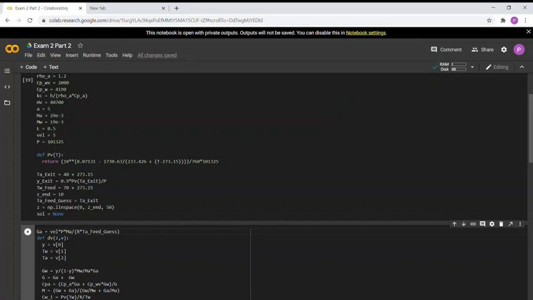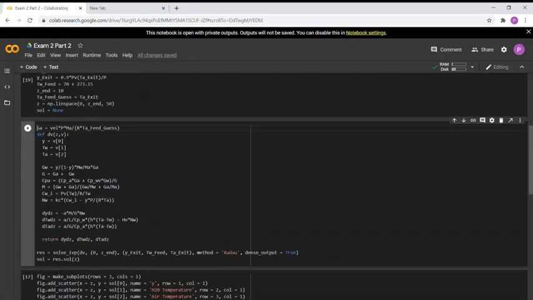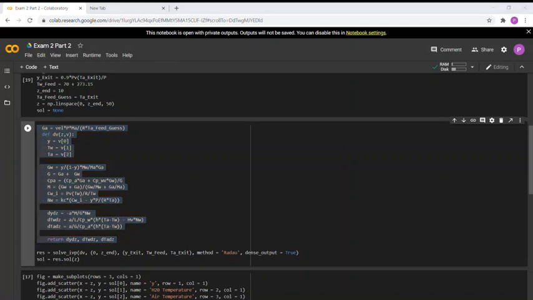Alright, then I make all of this, and everything will be inside of a function.